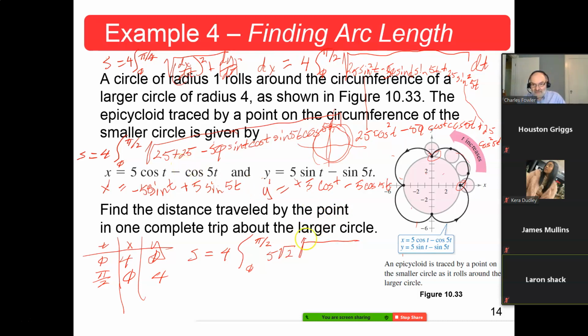What do we have left in it? 1 minus sine t cosine t sine 5t cosine 5t. Now, I have a feeling this is not the easy way to do the problem. And then we have our dt here that I probably haven't been writing in when I needed to.